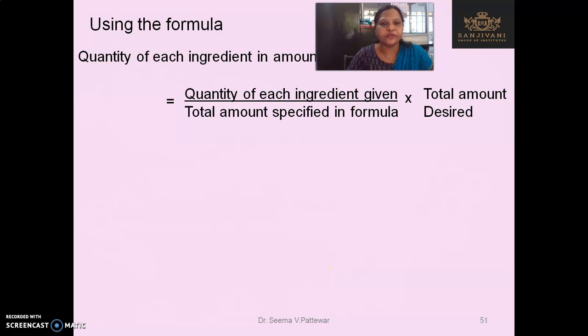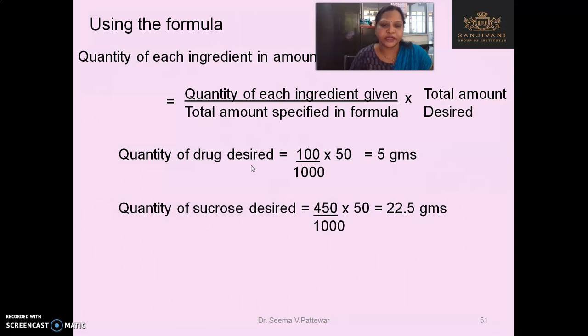So here is the formula. The quantity of each ingredient in the amount desired is equal to the quantity of each ingredient given divided by the total amount specified in the formula, multiplied by the total amount desired.